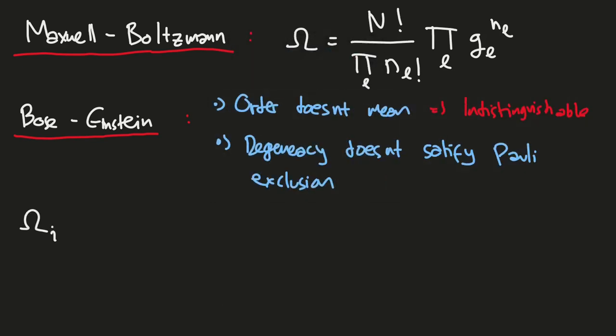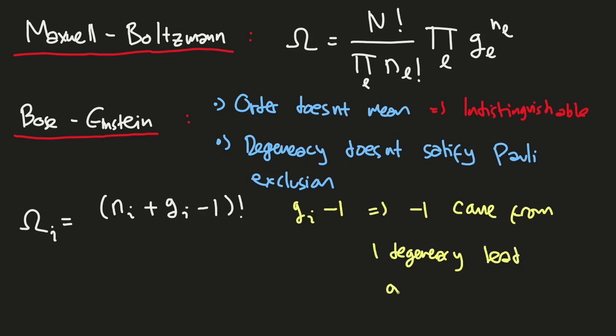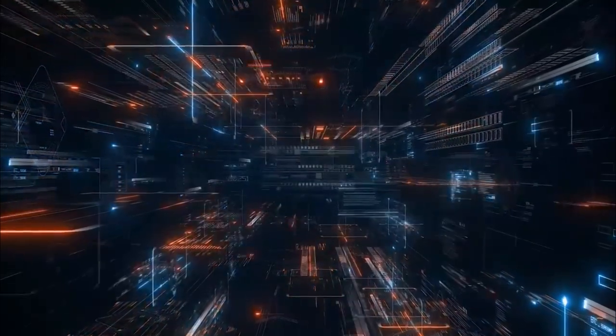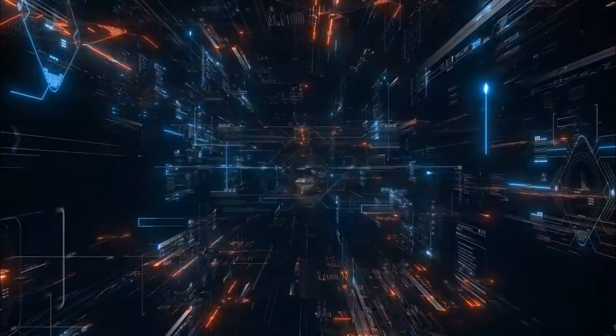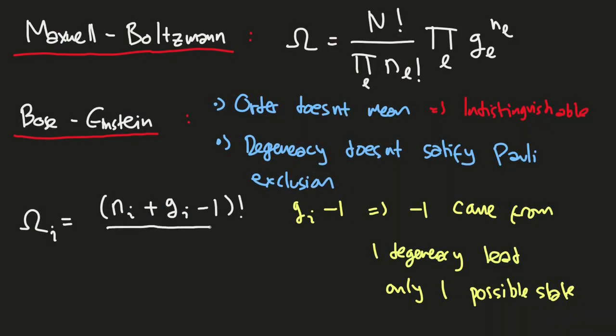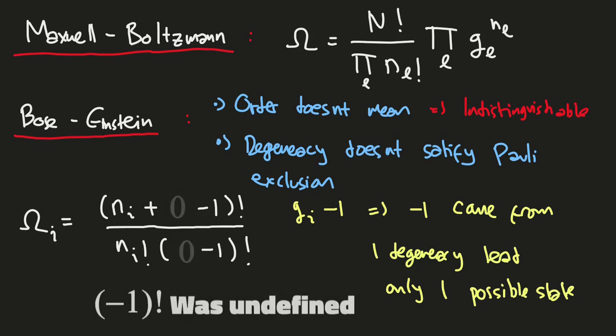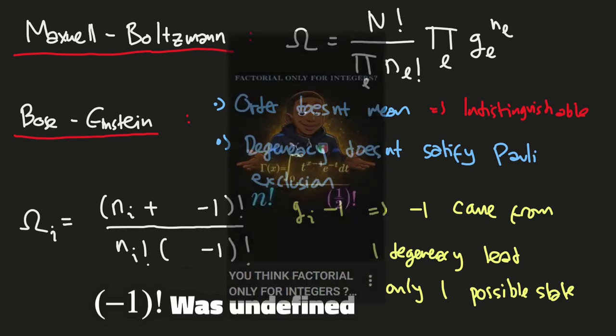So omega i is this factorial with gi minus 1, where that minus 1 comes from one degeneracy leading to only one possible state. And by superposition in quantum theory, we can neglect any order, so we can divide by this, where you can see that if gi is equal to 0, then this factorial doesn't have any sense, or is undefined, just like in my gamma function video.